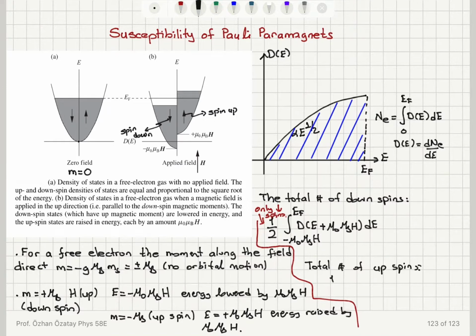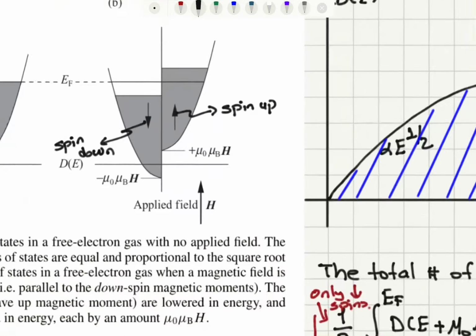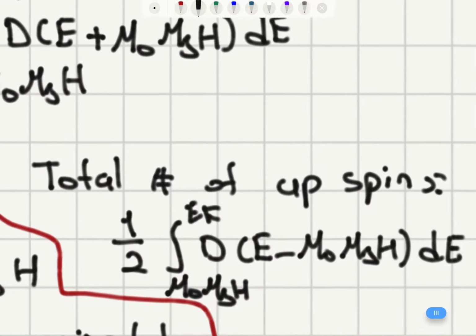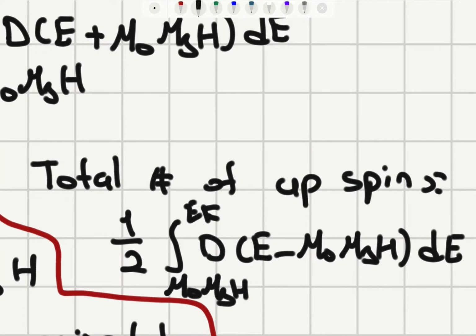This would be 1/2 integral from plus mu 0 mu B H to the Fermi level, density of states E minus mu 0 mu B H dE. Why? Because when I substitute E equal to plus mu 0 mu B H here, I should get 0, and that's what I get.